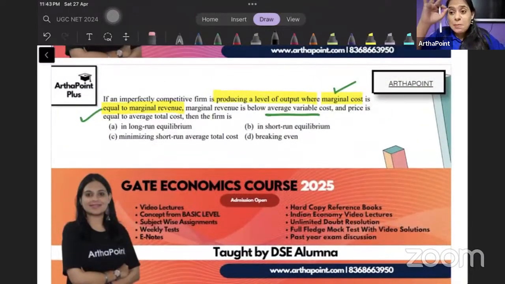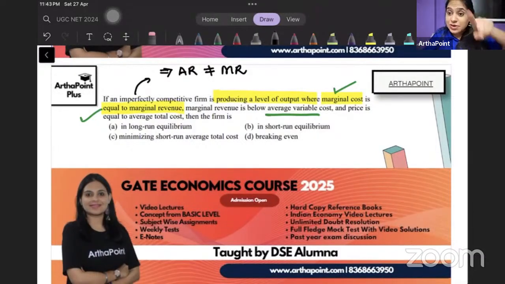First it is saying imperfect competition. From this itself it is clear that AR and MR should not be equal to each other. The firm is a price maker. From this itself it is clear that the AR and MR curves will be downward sloping. Isn't it?